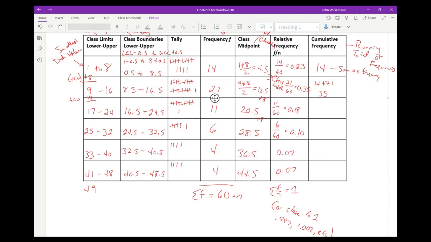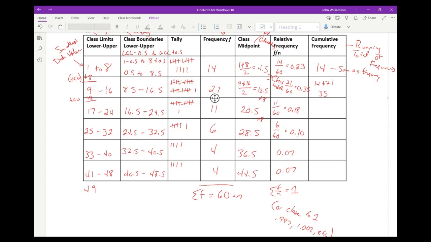So then for our next one, same idea. We're going to add the 11 to the 21 and the 14. Now, have we already added 14 and 21 though? We have, right? So we can use that to our advantage. I'm not saying you have to sit here and keep adding more and more numbers. Really, all you have to do is add to your previous cumulative frequency, right?